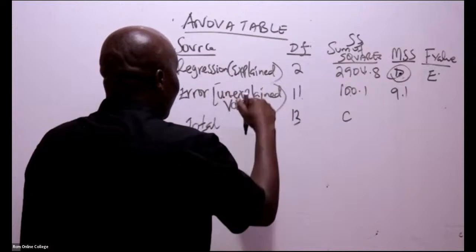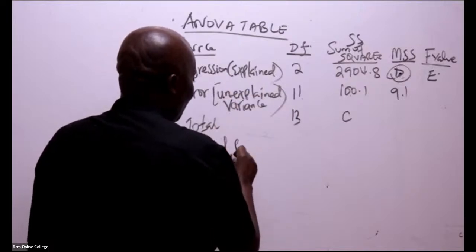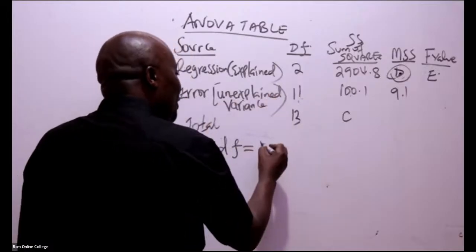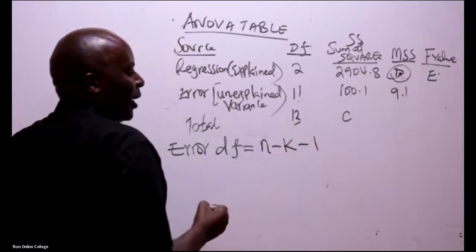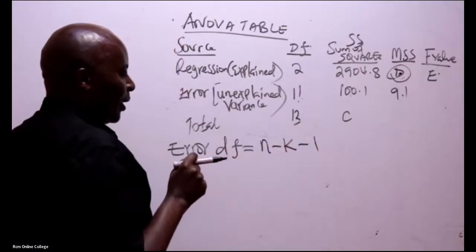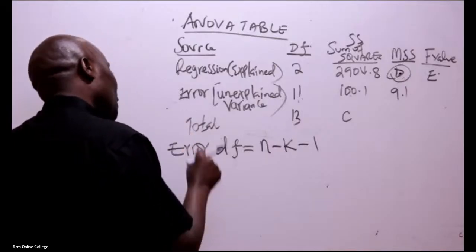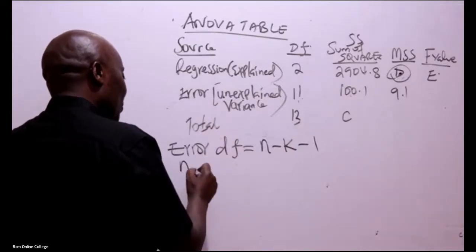You'll always interpret them when you run your data through SPSS. So error degrees of freedom. To get these error degrees, which say 11, normally we take n minus k minus 1. Anytime they tell us to get error degrees of freedom, we shall be taking n minus k minus 1. N is the sample size.